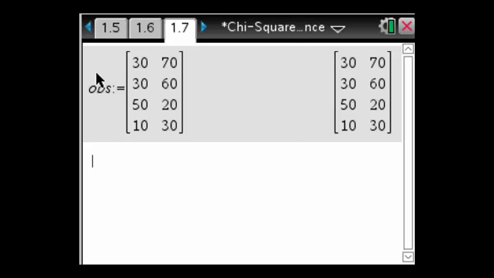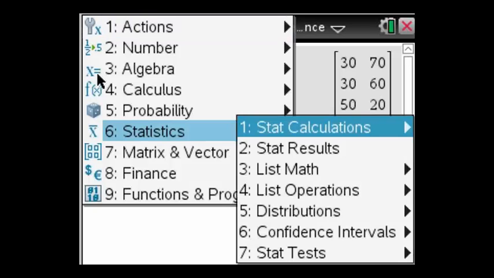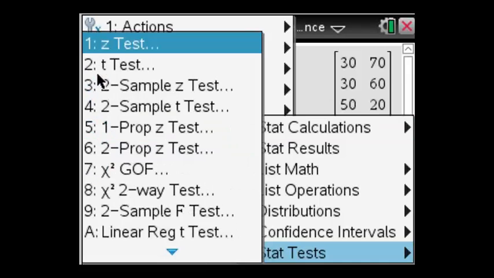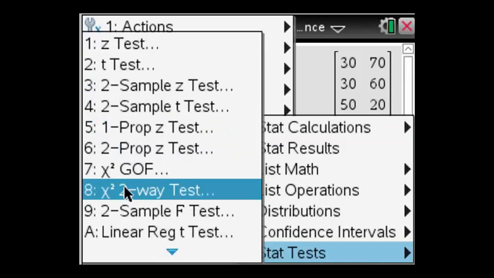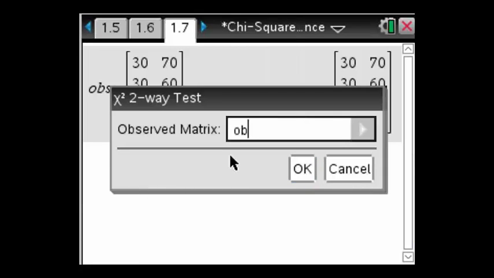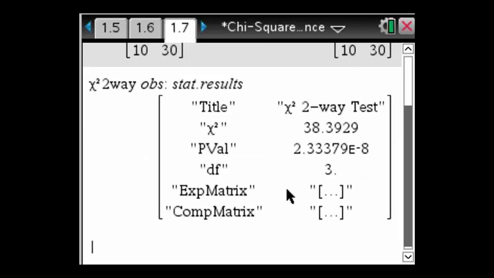And now if we go into menu, and then statistics, and then stat tests, and then chi-squared two-way test, and then type in OBS, which is our observed matrix, and press OK. What we'll see here is our test statistic, 38.39. On a previous page it said 38.40. There's our p-value, an extremely small p-value.